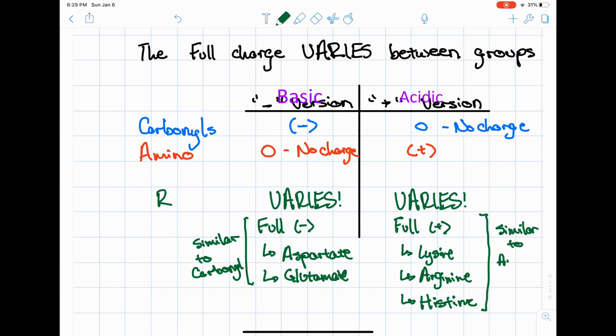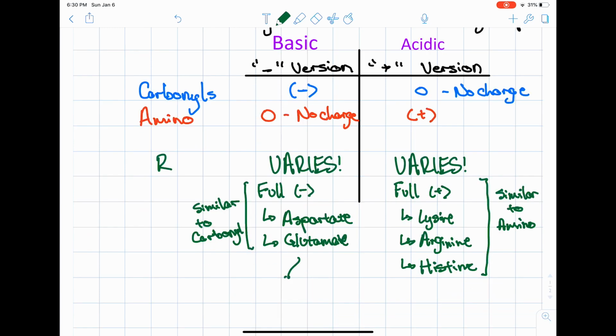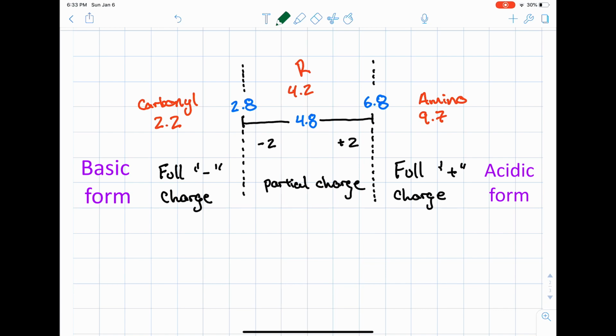Since the question states that the amino acid is glutamic acid, a derivative of glutamate, we can also label that on our illustration. Now we know that since the carbonyl is on the left side, or the quote-unquote negative basic side of the pH range, it takes on the negative or basic form, which is the full negative charge.